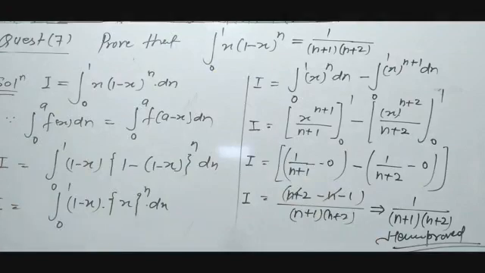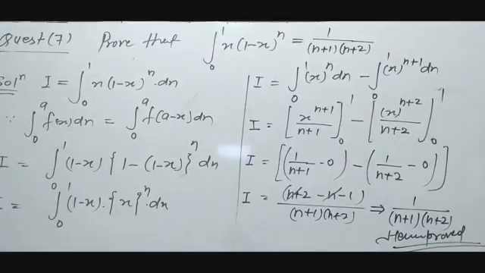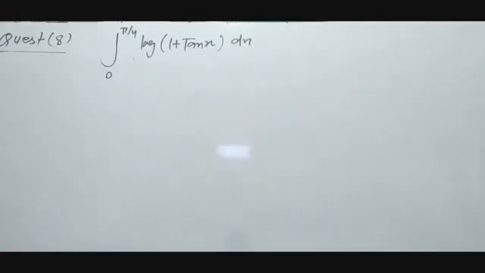Now come to the next question. The next question is question number 8. Question number 8 is integration over 0 to pi by 4 of log of 1 plus tan x. So see the solution.